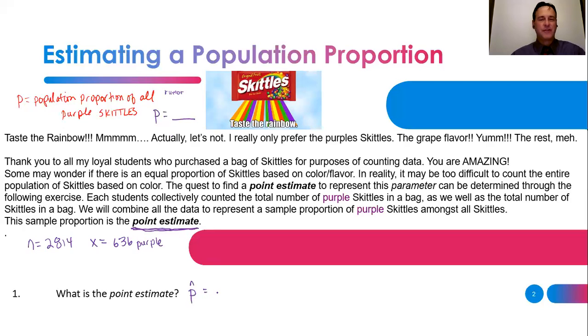The sample proportion is, in this case, 636 Skittles out of 2,814. If you do the math and divide it out, you get 0.226, which is a little bit higher than the 0.2 that may be considered as the population proportion. But based off our results, this is what we got.